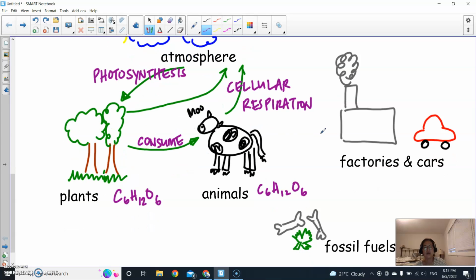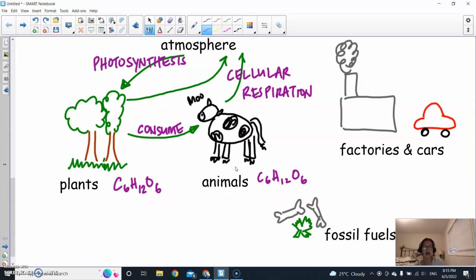So what we'll notice is that we've got one arrow going down and two arrows going up. One arrow going upwards into the atmosphere from the plant, one arrow going upwards into the atmosphere from the animal. Another thing that happens is that we're breathing out. However, both plants and animals die, right?